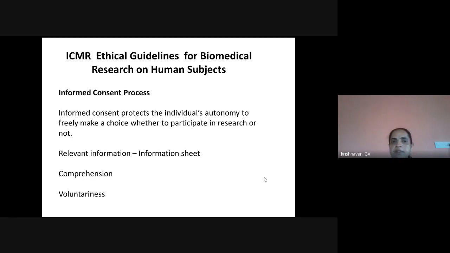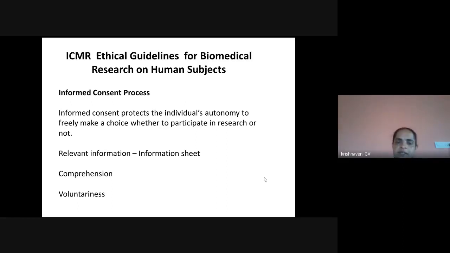If the informed consent is not met, you can't do your research. So what is informed consent? As the name suggests, it is consent. A participant should consent to participate in the study after being sufficiently informed about all the aspects of the research.